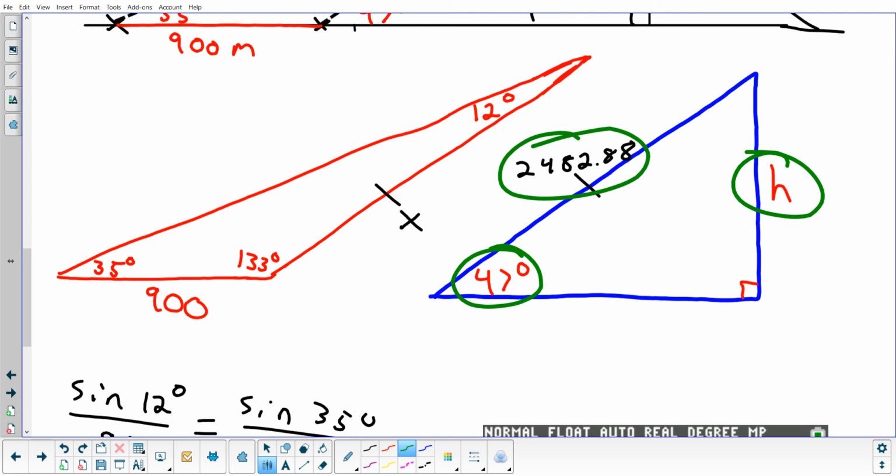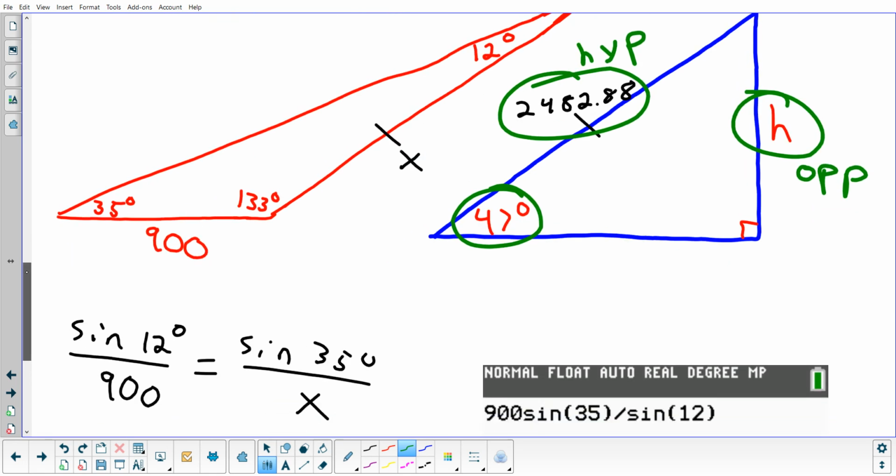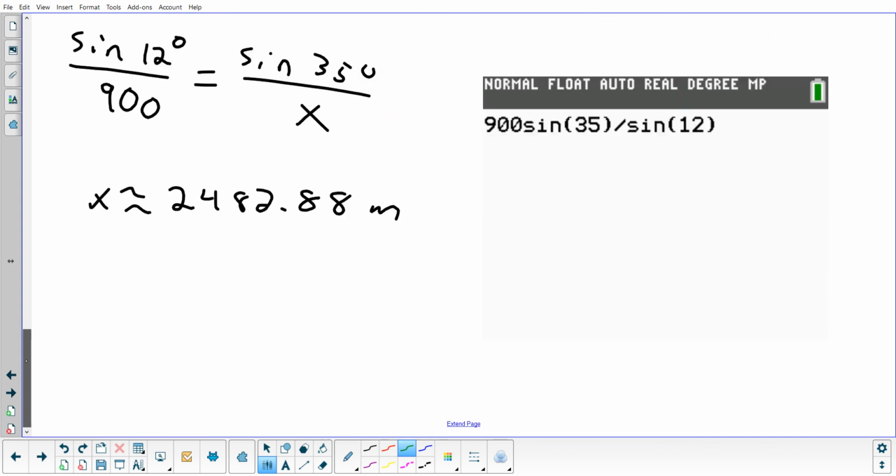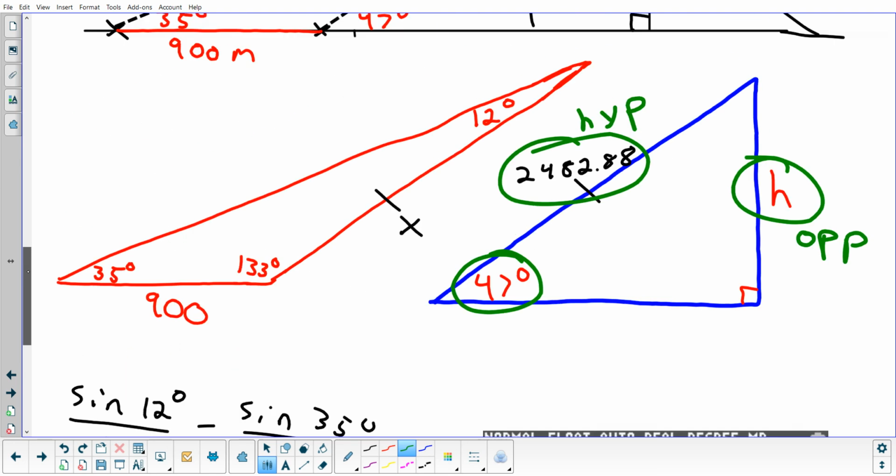What's the name of side h relative to the 47? Yep. The opposite. And what's the name of the side that's 2,482? Yep. That's your hypotenuse. And what trig function has opposite and hypotenuse in it? Sine.